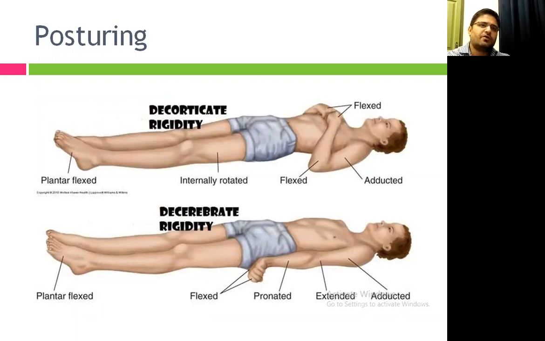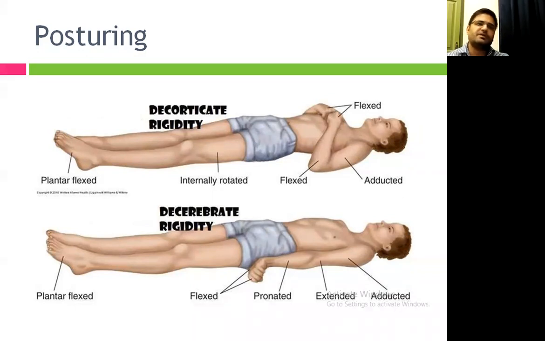So in decorticate, elbows are usually flexed, you can see, and wrists are also flexed, and limbs are internally rotated and plantar flexed. Whereas in decerebrate, the patient is usually pronated, elbows are extended, wrists are also extended, and plantars are flexed in both conditions.